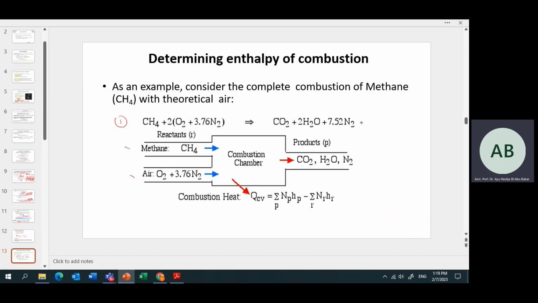This part must be correct first, where you need to calculate the moles produced for CO2, H2O, and N2. If this is wrong, then the whole calculation will be wrong. Now we know for the Q, heat of combustion, product minus reactant.